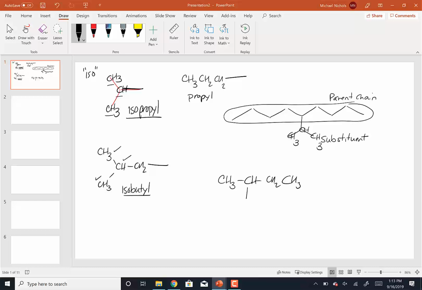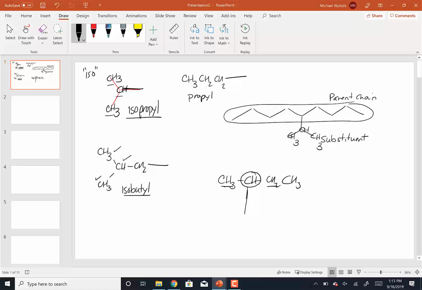How did that name come about? First of all, it's butyl because it's 4 carbons. Secondly, forget about what it's attached to. Okay? Forget it. Cover that up. How many carbons are attached to that carbon? Not including what it's attached to. There's 2 carbons attached to that carbon. And so what kind of carbon is that?